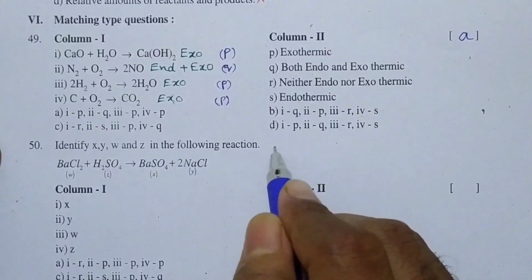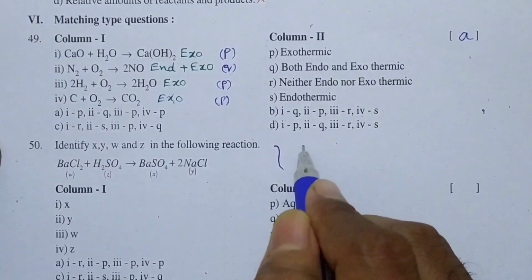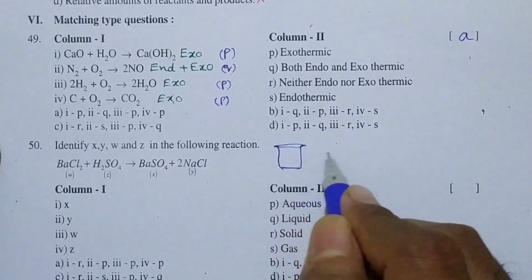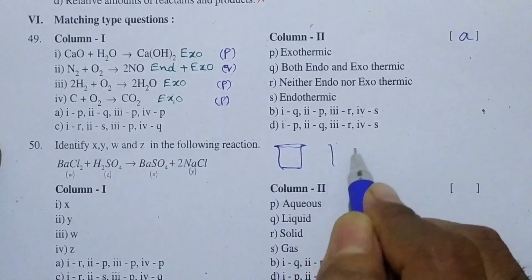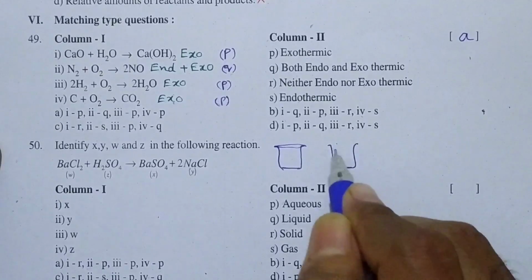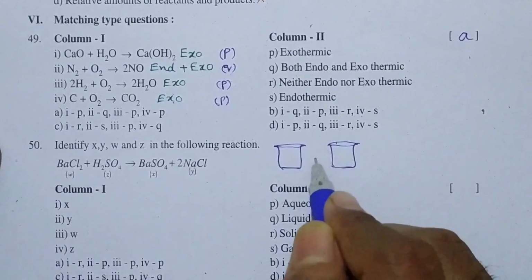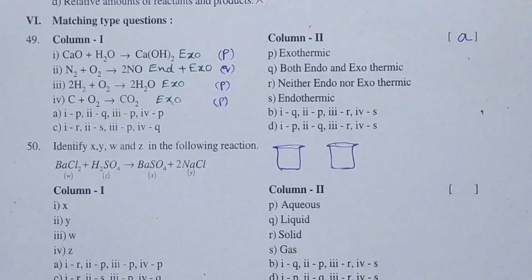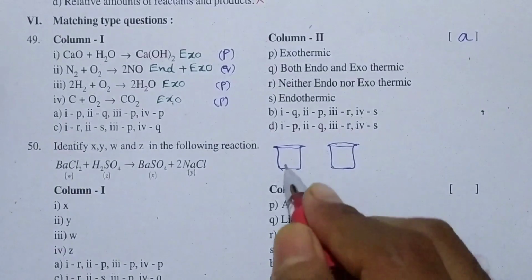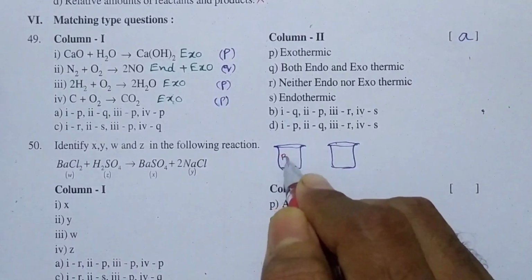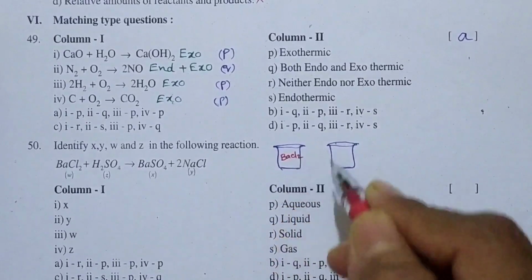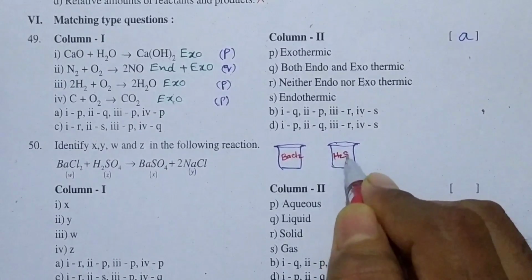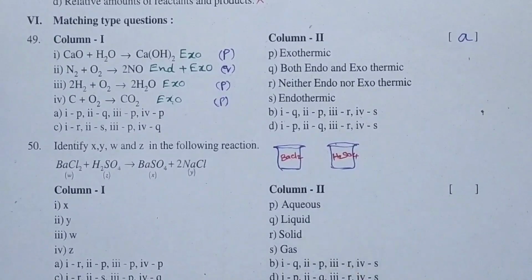Now here I would like to tell you, this is a practical based question. Let us try to explain in detail a little bit. So here consider a beaker, and here another beaker. Now in this beaker I am going to take BaCl2, and this is H2SO4.